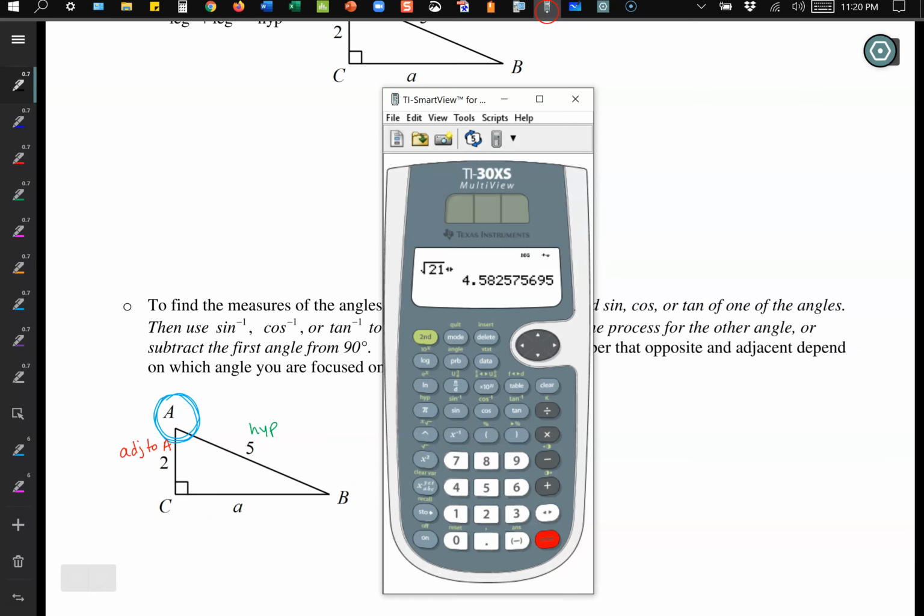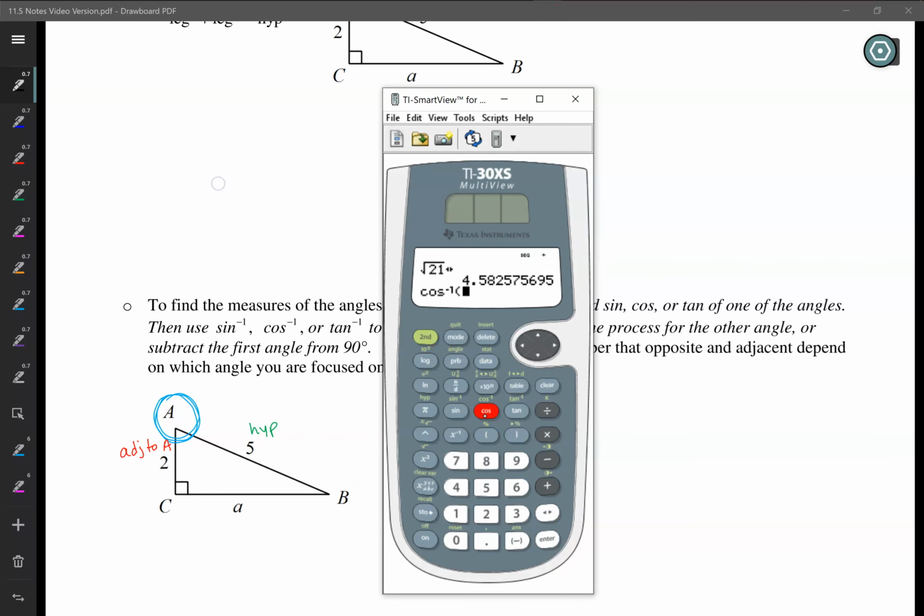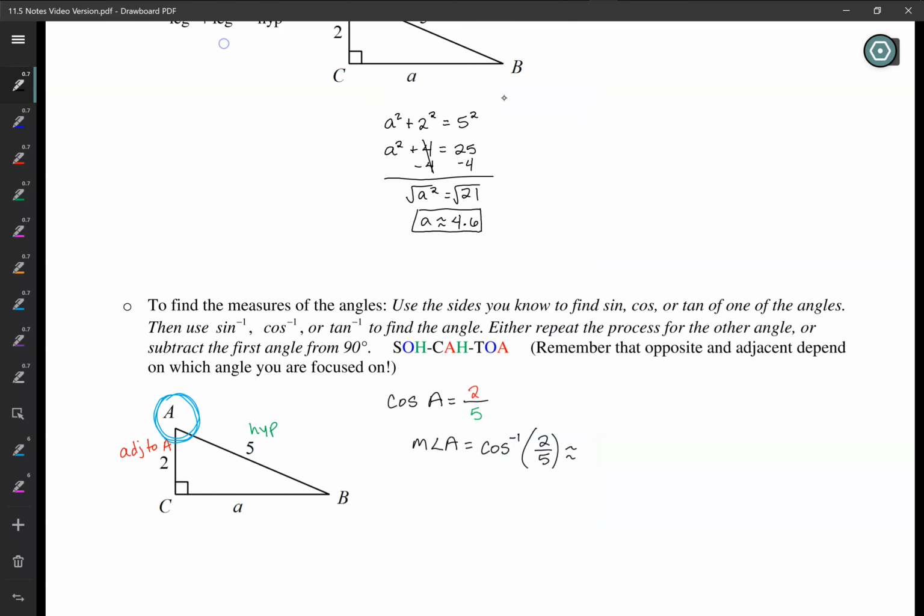Second cosine, 2/5. So I'm telling my calculator, tell me how big an angle is if its cosine is 2/5. And the calculator says, okay, the angle is 66.4 degrees.